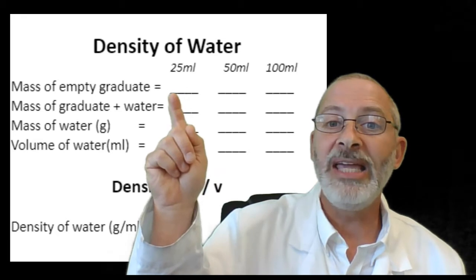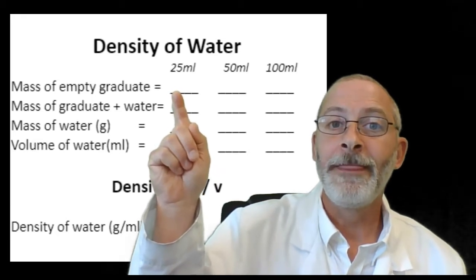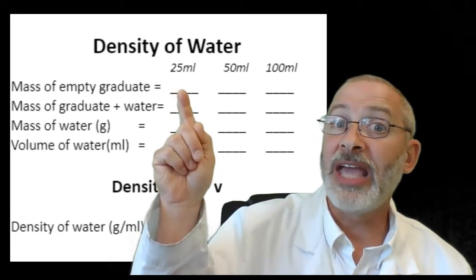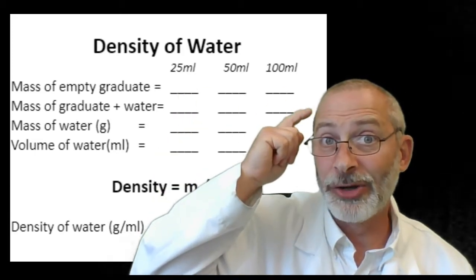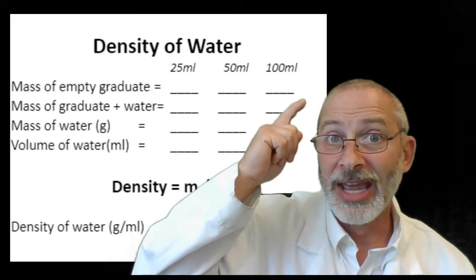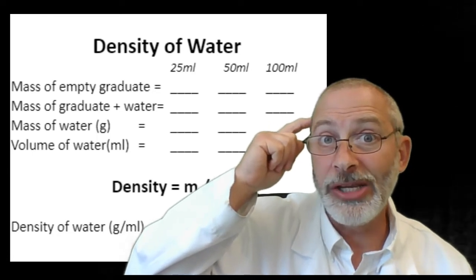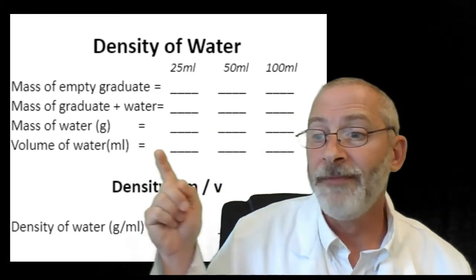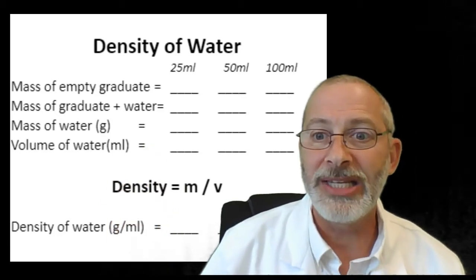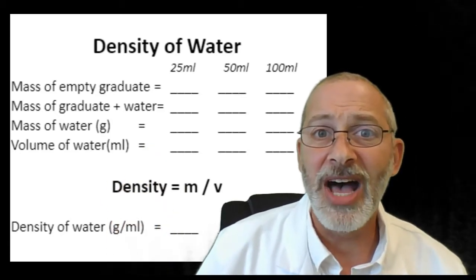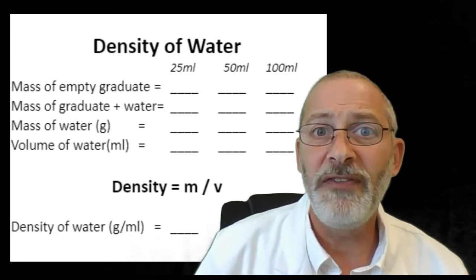75 minus 50. Now, if you don't have a calculator with you, that's okay. You have a calculator between your ears. And if the calculator between your ears needs a little visual aid, use some of the empty space on your page to write down 75 minus 50.